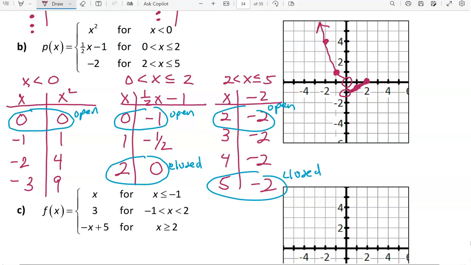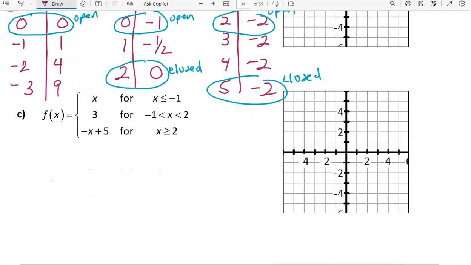So 2, negative 2, open circle. 3 comma negative 2, 4 comma negative 2, 5 comma negative 2. That's our other endpoint of this interval. And there's our piecewise function.